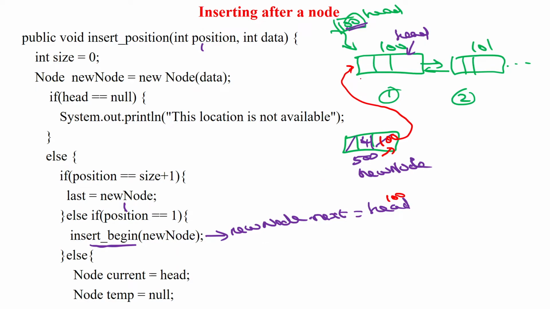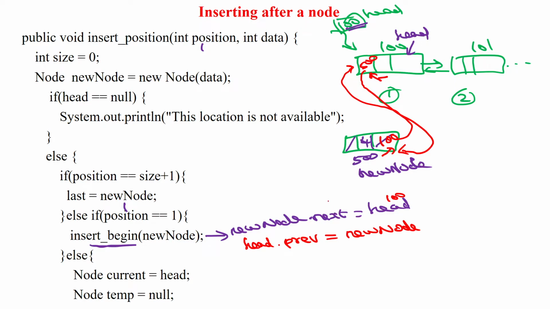Then we have to set the previous field of head. So head dot previous equals new node. Here 500 will be written, and the link is created like this.